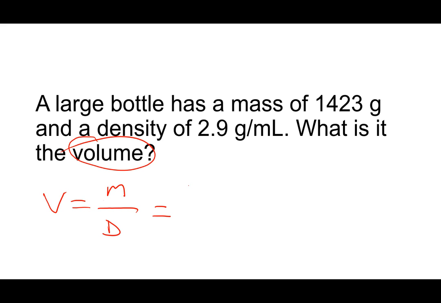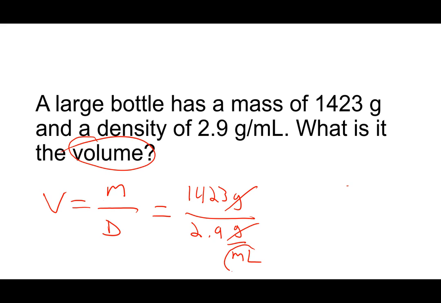And now I plug in for mass 1423 grams, and I divide that by 2.9 grams per milliliter, which is my density. Notice here that grams is going to cancel out.